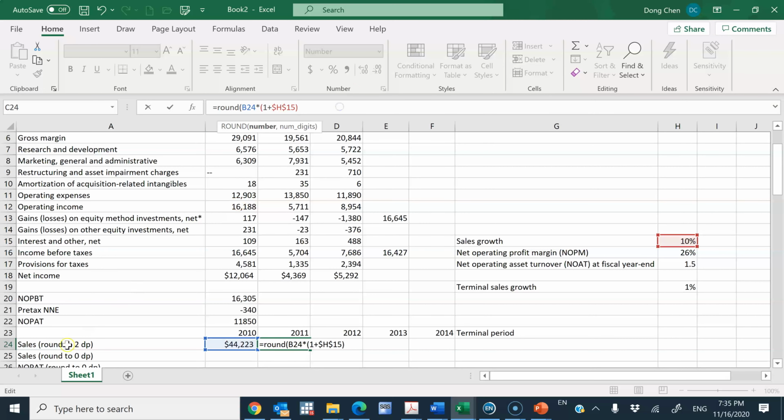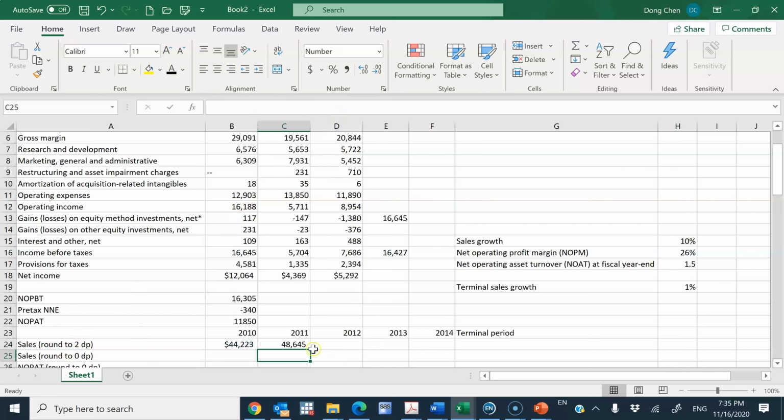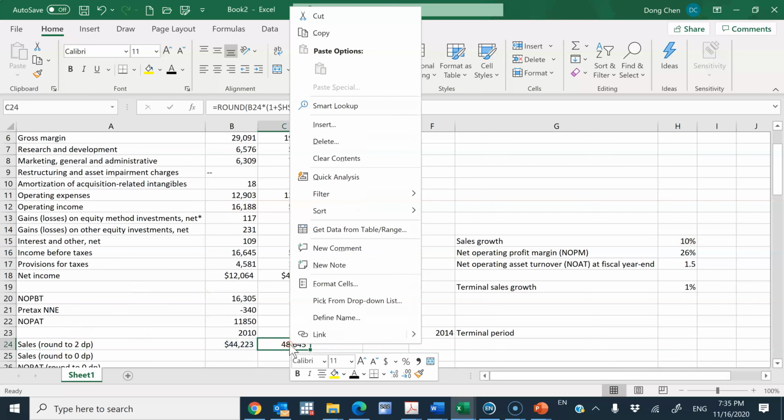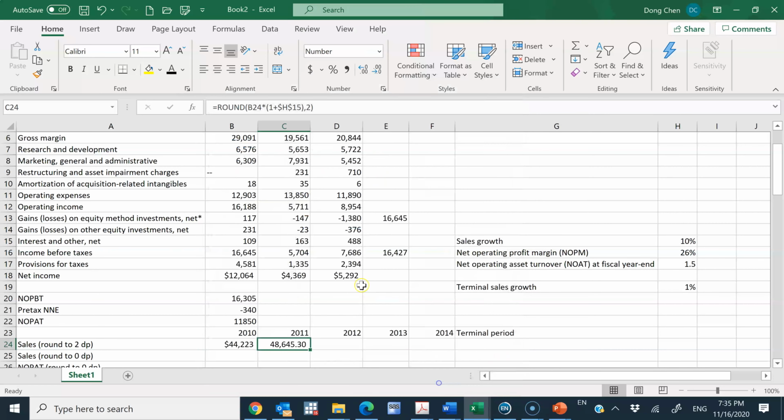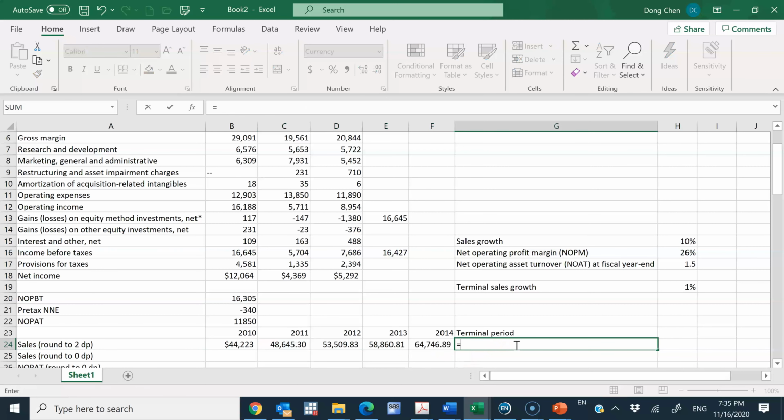And here, because it asks us to round to 2 decimal places, I need to keep that rounding requirement. Also, because I formatted sales to keep just 0 decimal places, I changed the format to keep 2 decimal places. And now I can drag the cell to the other years, except for the terminal period. And for the terminal period, it's the last horizon period sales times 1 plus this terminal sales growth rate.